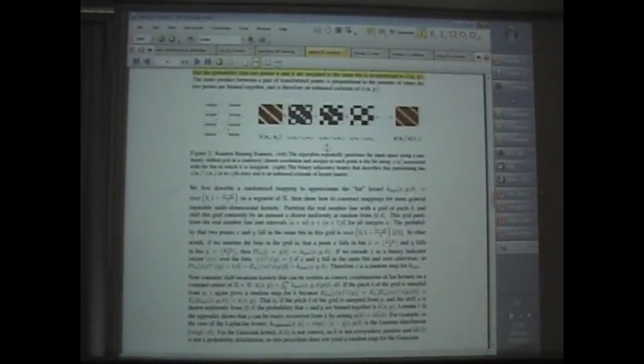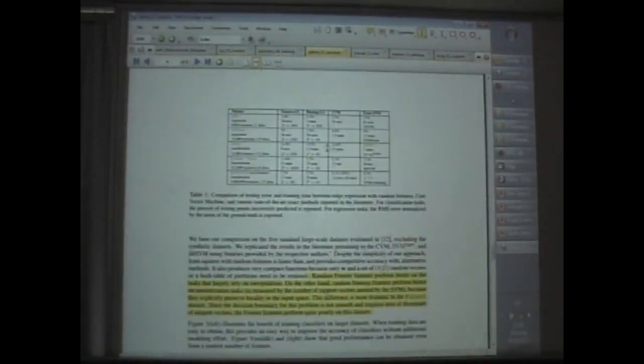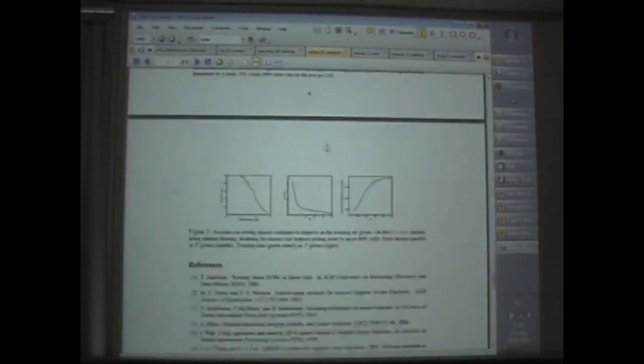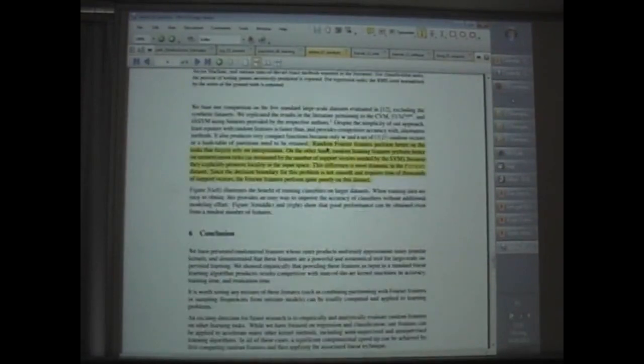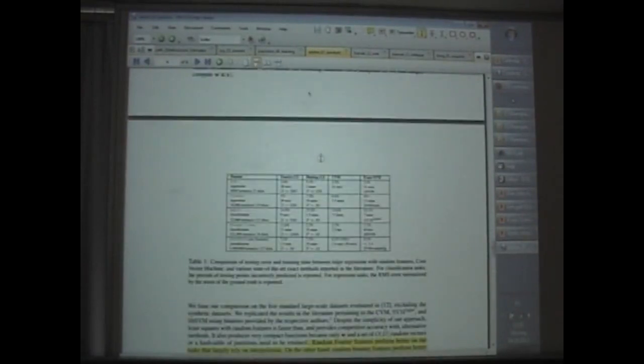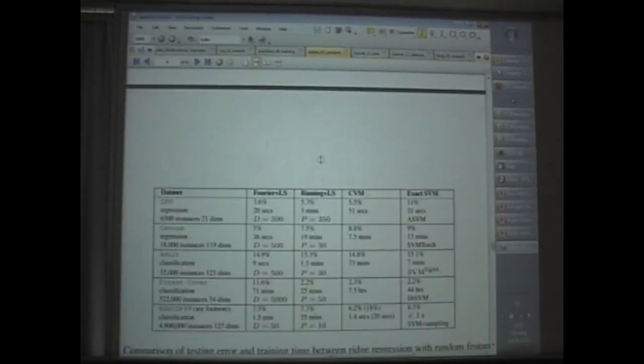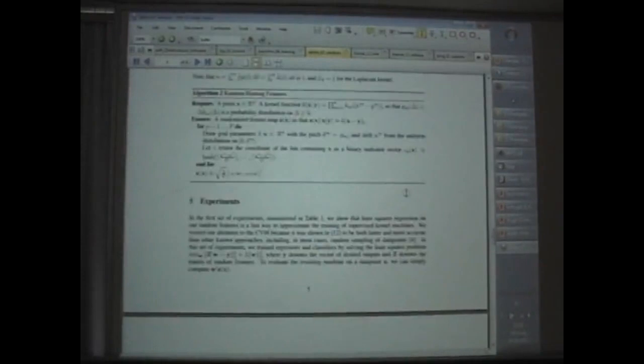And somewhere they have the number of features they use.